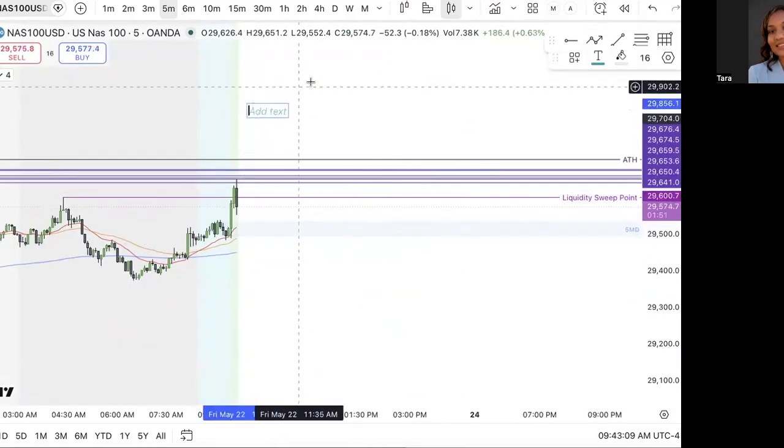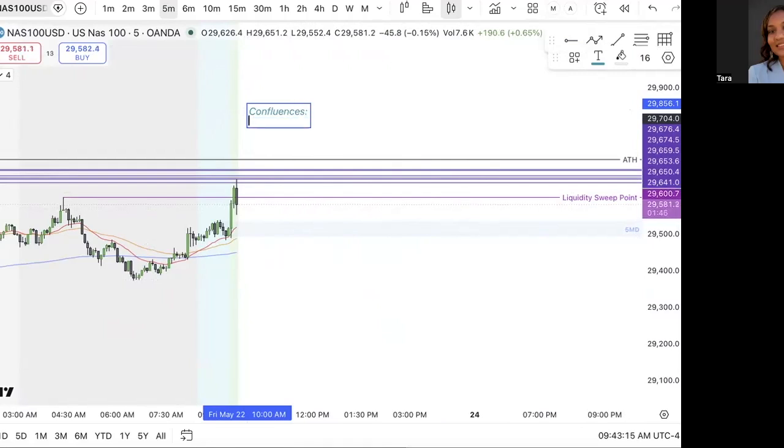While we're waiting, we can add our confluences. Okay, we know that there was a strong push during open. We're trading above the EMAs.